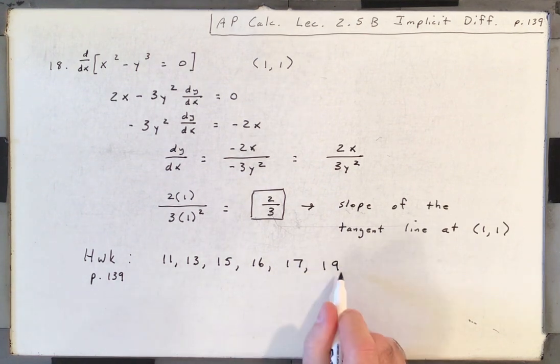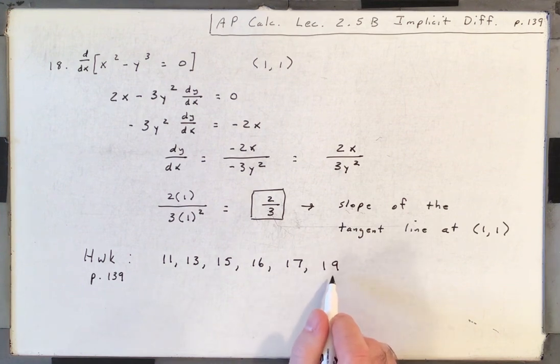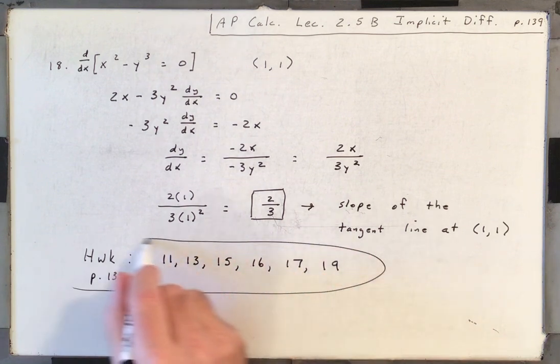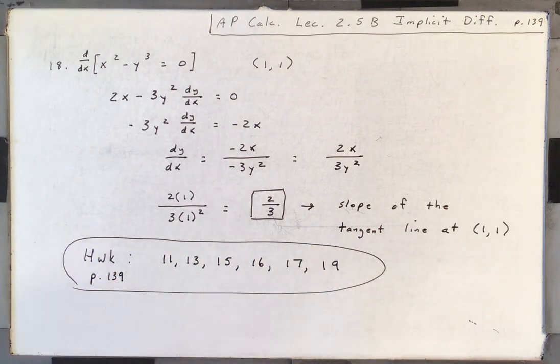So 17 and 19, you will plug a number in at the end. These 4 are similar to yesterday's homework where you're just taking the derivative. All right, that'll do it for this lecture, and I'll talk to you on the solutions video.